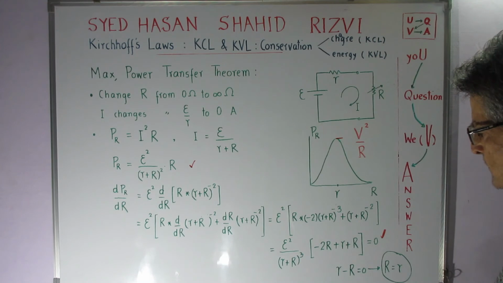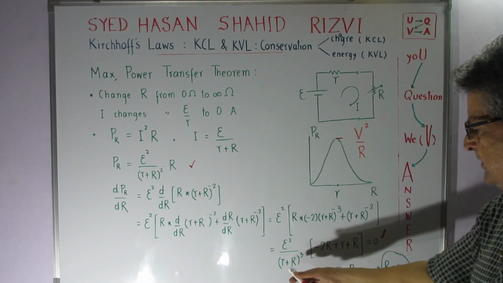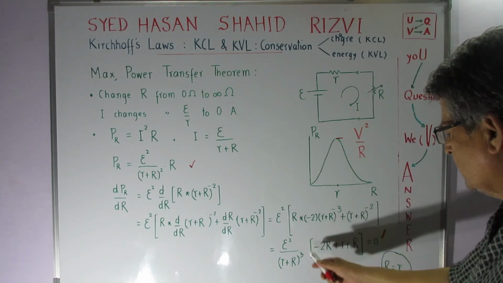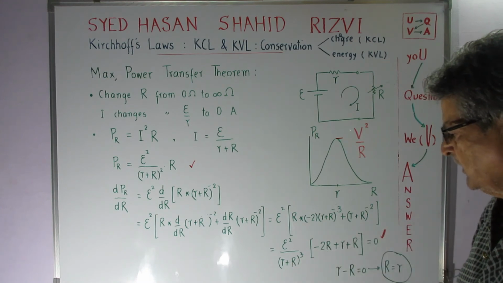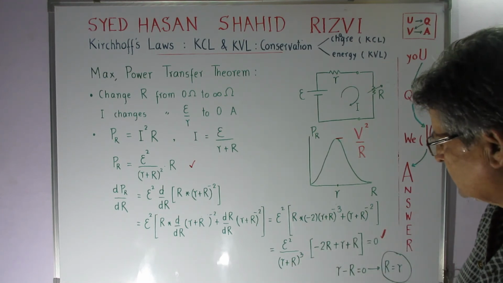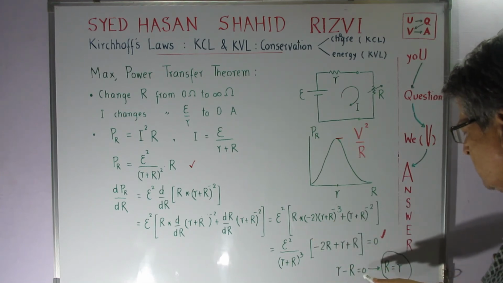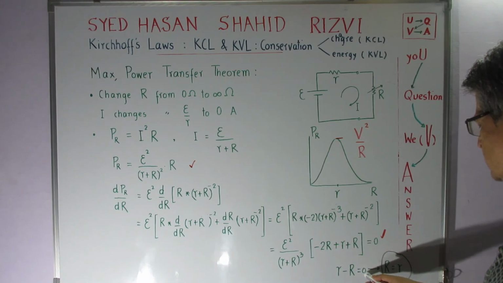Now this can be equal to 0 if the denominator is equal to infinity or the numerator is equal to 0. So this is not going to be infinity. We are not going to talk of that situation, but we are going to talk of this situation. The numerator is equal to 0. So I get this as r minus R is equal to 0.